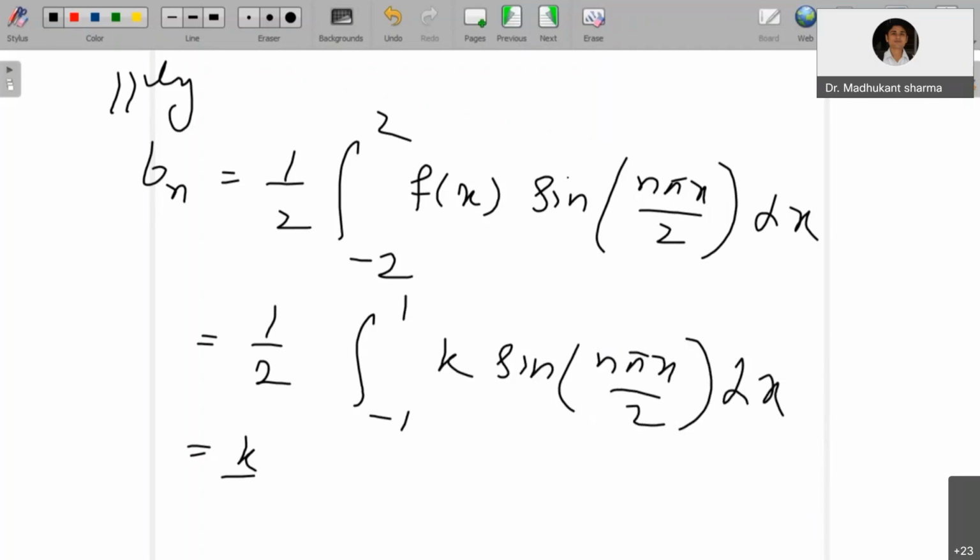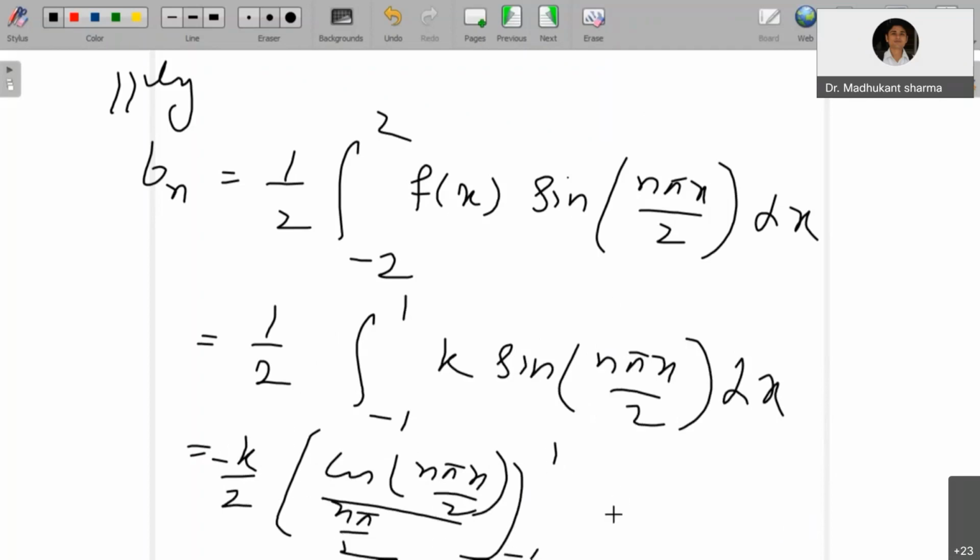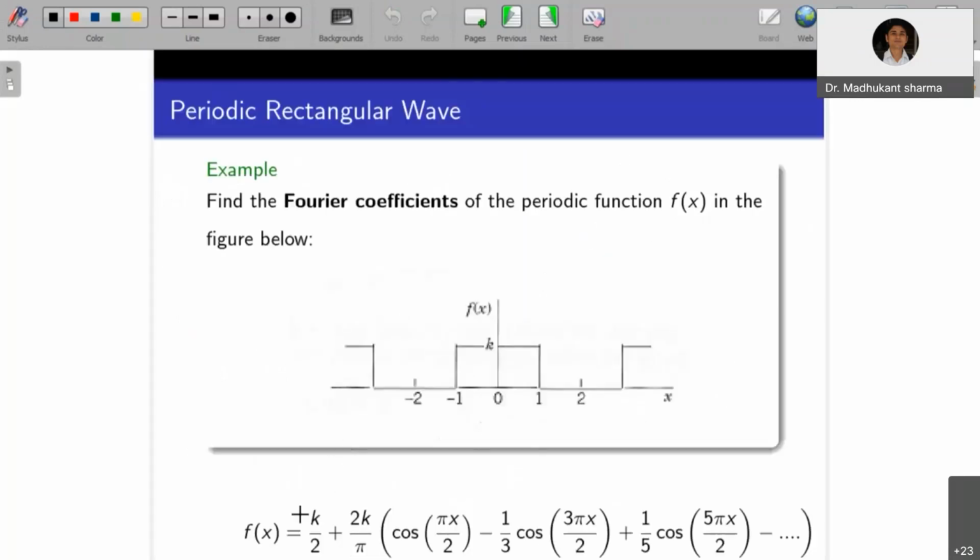Now the integral of sine is minus cos of n pi x by 2 divided by n pi by 2, between the limits minus 1 to 1. That gives cos of n pi by 2 minus cos of minus n pi by 2, because cos of minus theta is cos theta, so this is going to be 0. So b n is 0.